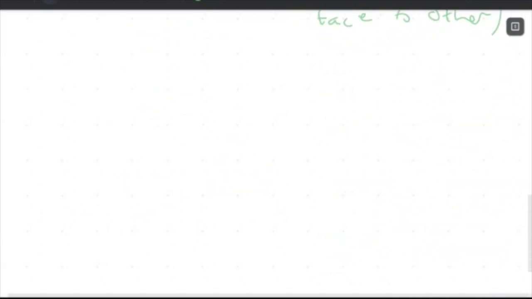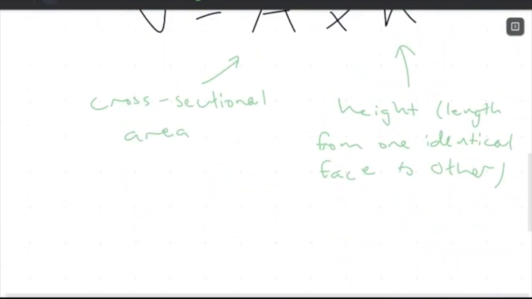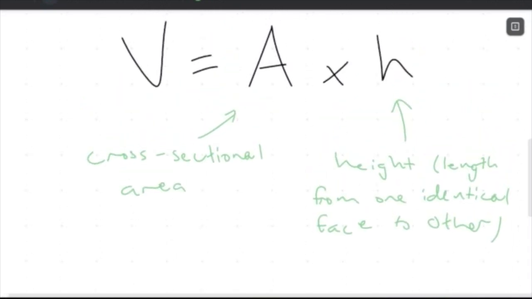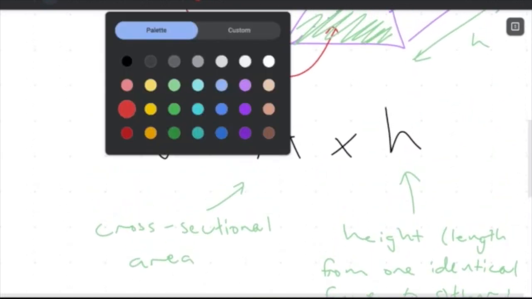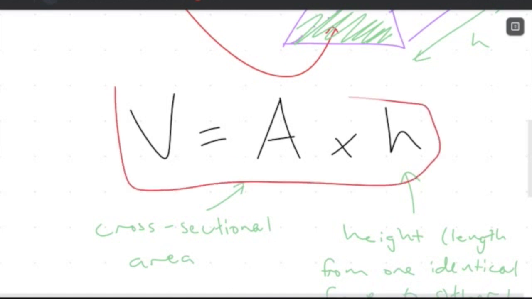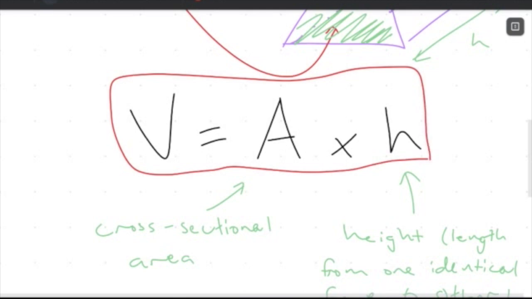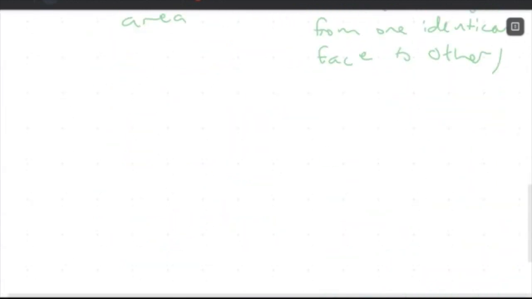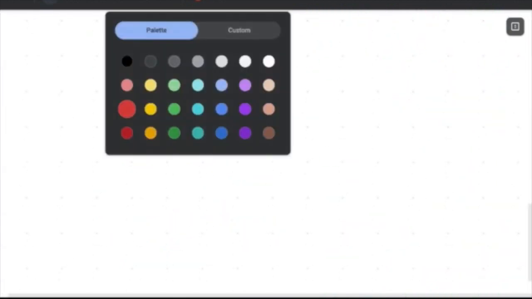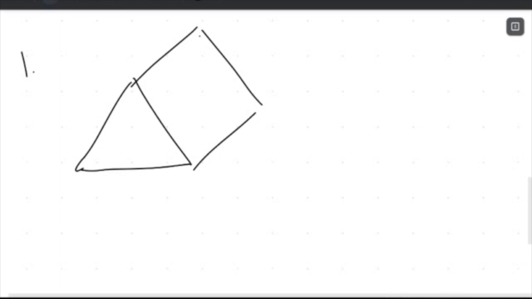Now, I'm going to draw a triangular prism for my first example, and I'm going to be using this formula that we came up with. So that's my volume formula. Now let's look at how we can use this here. So example one, I'm going to draw a triangular prism, and you'll have to excuse the bad drawing.